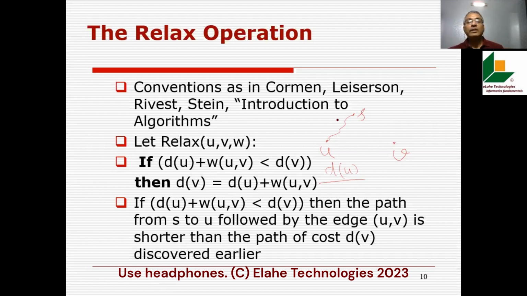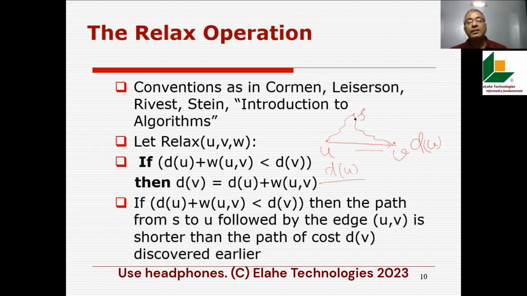Likewise, I have a dV value which represents the cost of the shortest path from S to V found so far. And now suppose in the course of the algorithm, I discover that du plus WUV, where there is an edge going from U to V and WUV is the weight of the edge UV, is less than dV. So what does that mean?